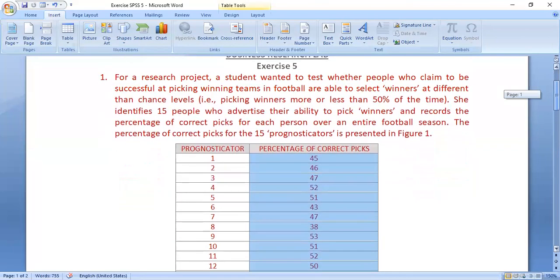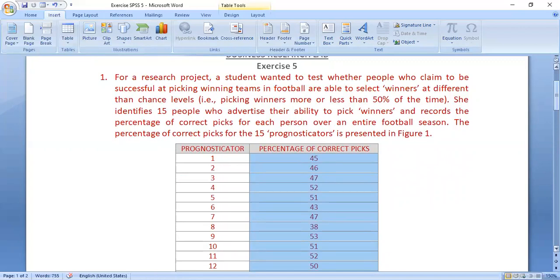So I repeat the question. It's talking about people who are prognosticators. These are the people who are able to select a team that will be the winner in a football match or not. And we are trying to see whether these prognosticators are able to select winners, whether the chance of selecting a winning team is overall 50% or largely different from 50%.